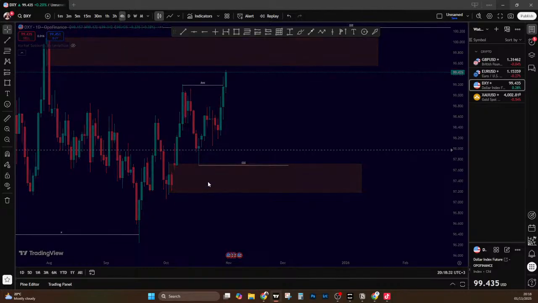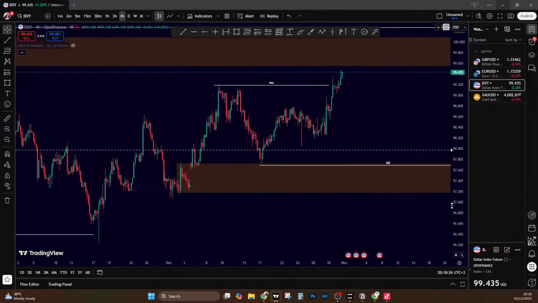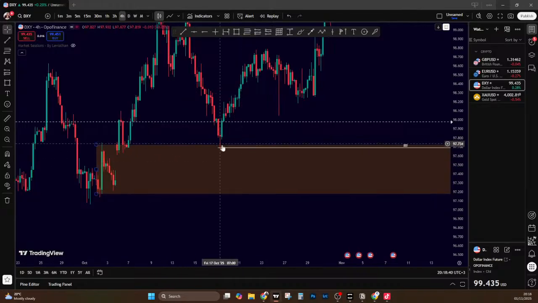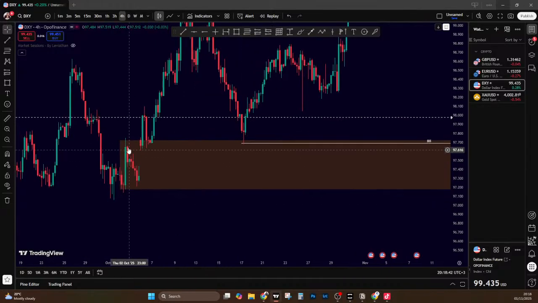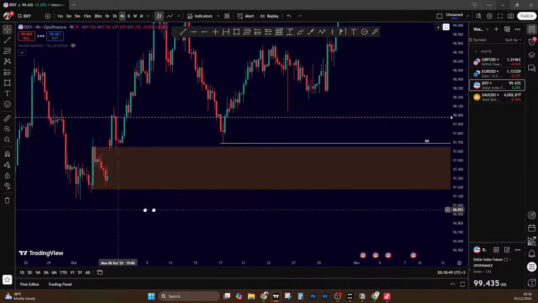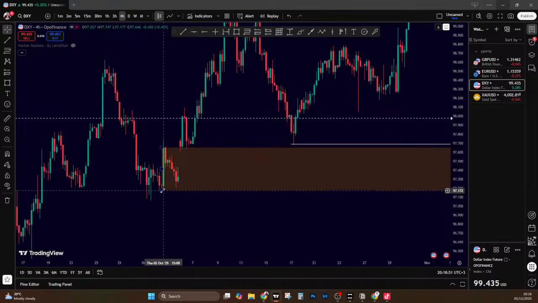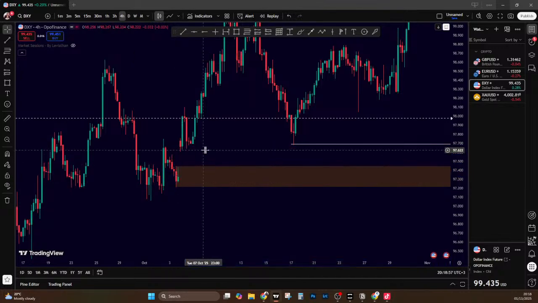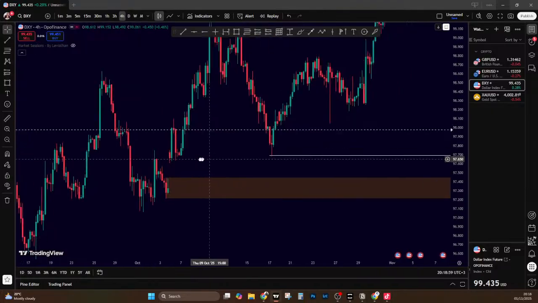So we come to 4 hours. You can see where our liquidity is. So this is what we are talking about. All this good move here. So where do you refine that to? You see, you have this. What do we call this now?